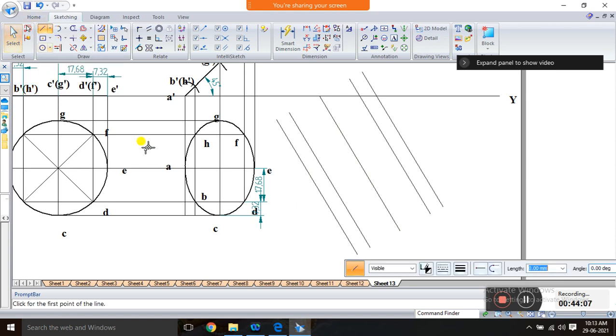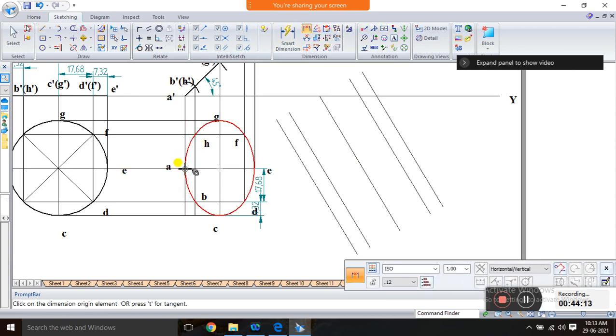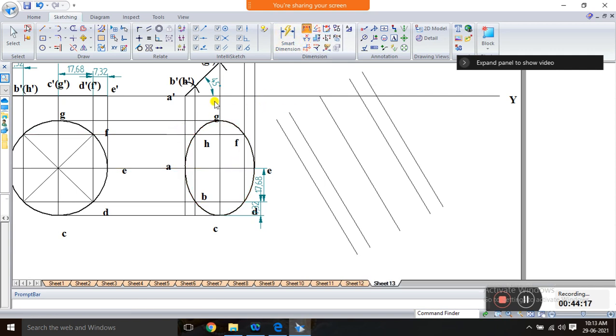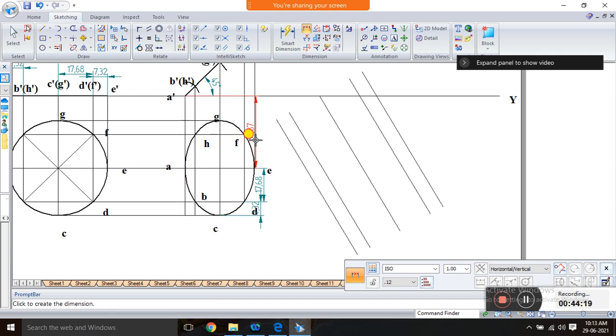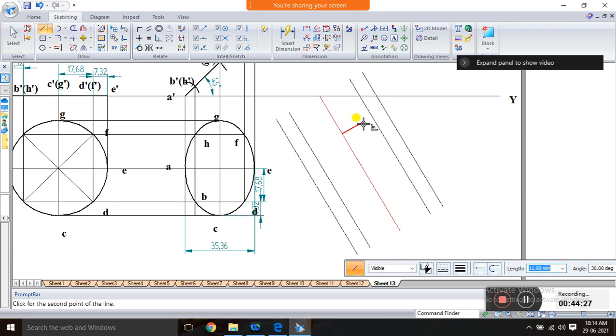First you have to place this, from A to, so this distance is 35.6. First you have to mark that with the help of the scale. So place it anywhere, and up to 35.36.